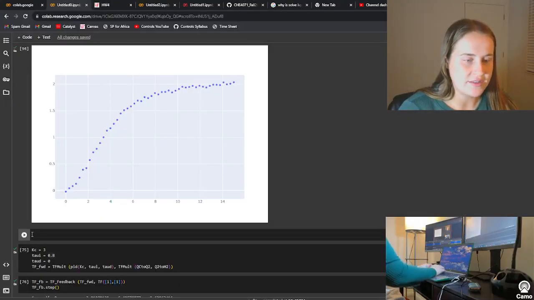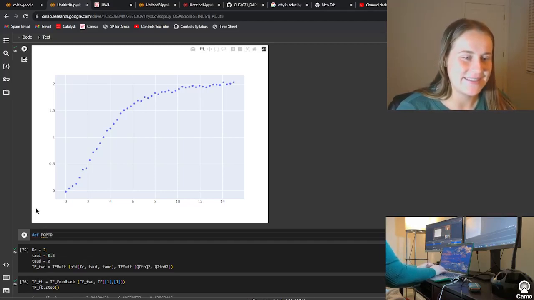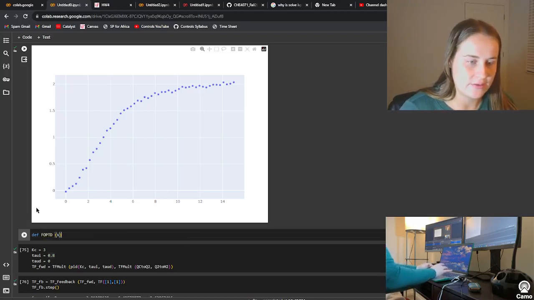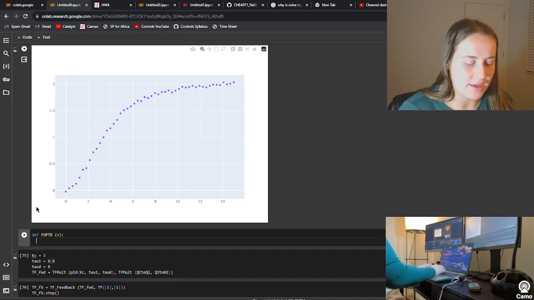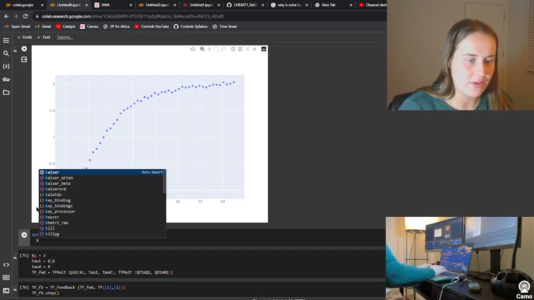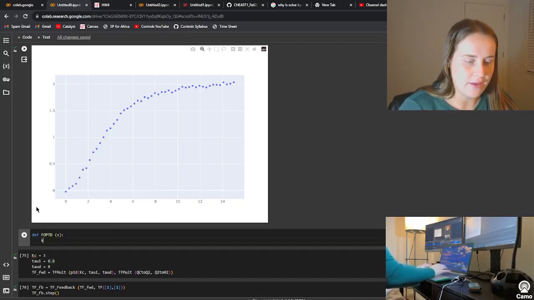So now to code this, we are going to define our function, which is first order plus time delay, in terms of v. We have our K value, tau, and theta, that all equal v.